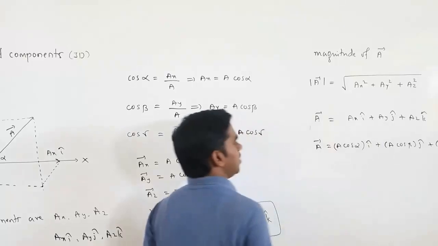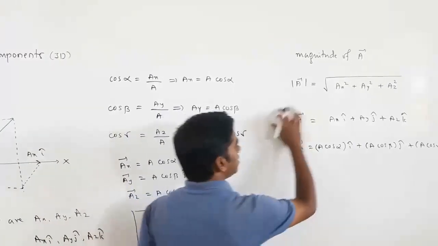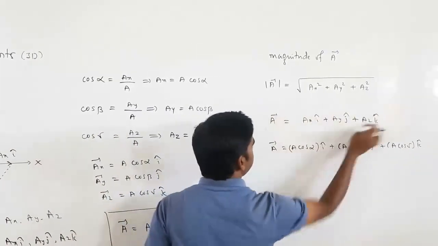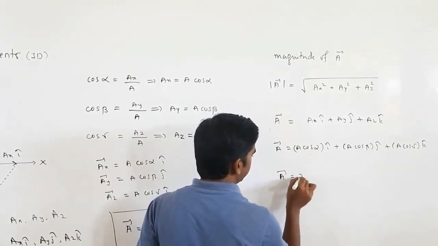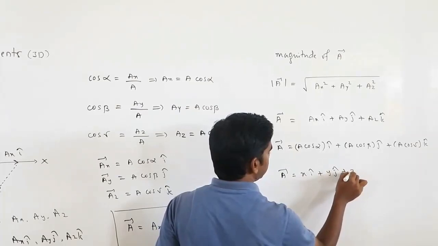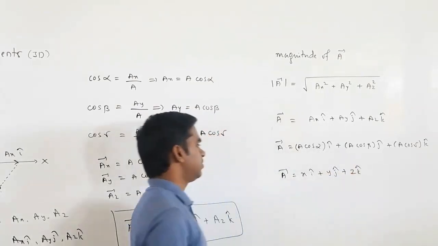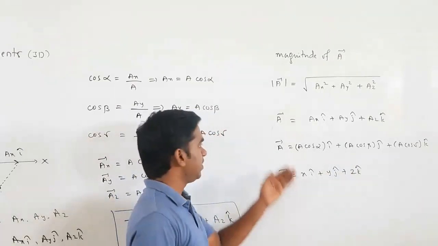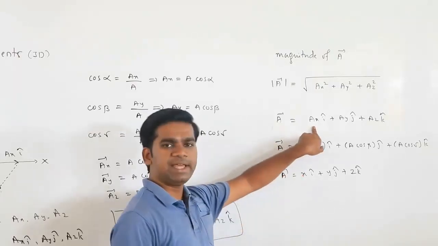So like this also you can write. In general, sometimes you can write it as vector A equals x i cap plus y j cap plus z k cap. So don't get surprised when you see these kinds of equations. Both are the same. Here the x component I have taken as ax.